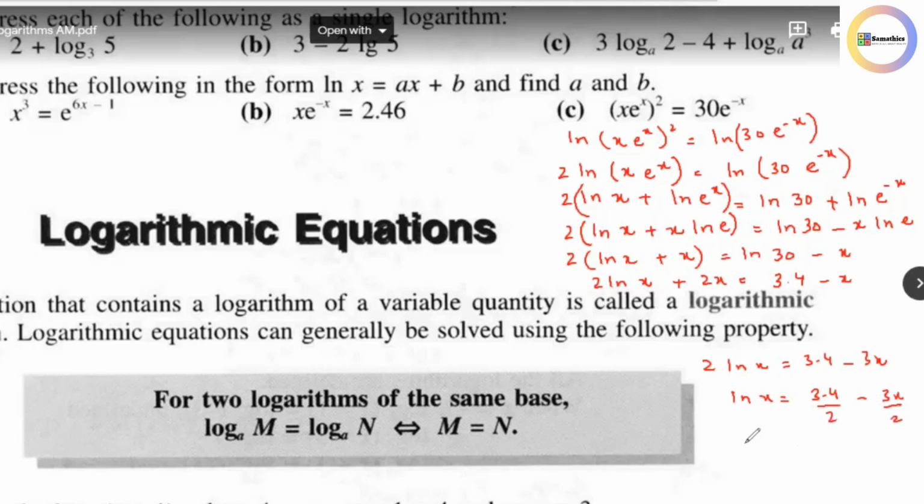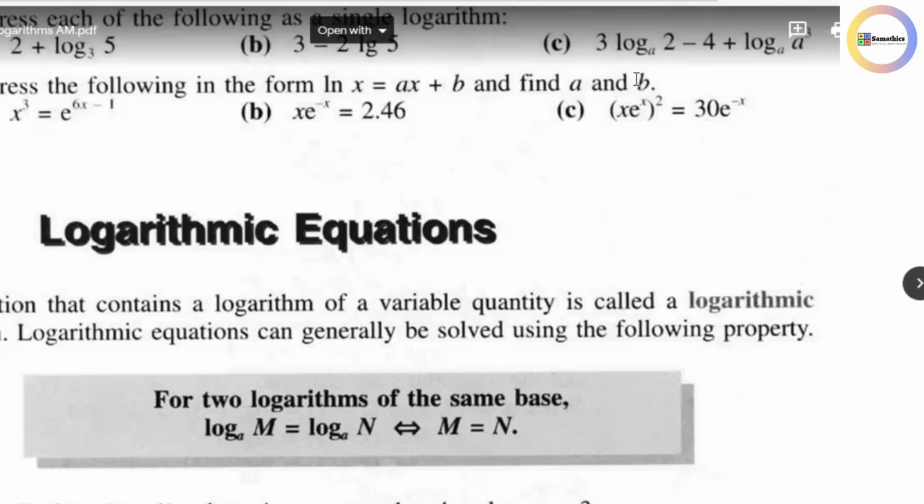So we have here ln x is equal to 1.7 and 1.5x. So you can write ln x is equal to minus 1.5x plus 1.7. So in this way, we have got the value of a and b. a here is minus 1.5 because it is the coefficient of x, and b here is 1.7.